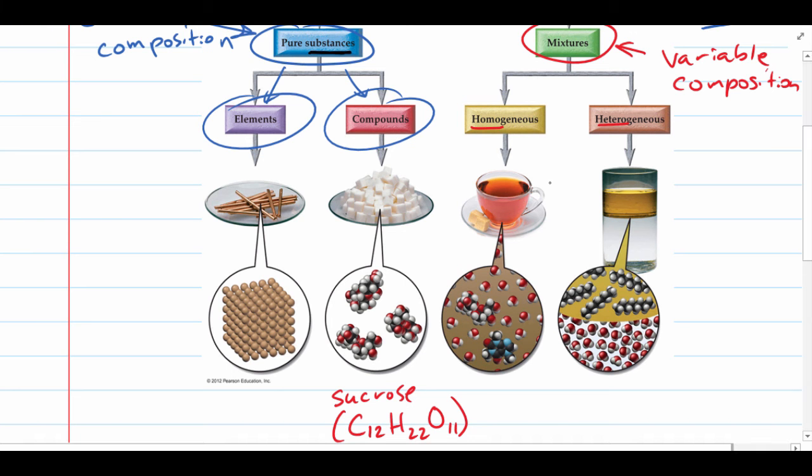A homogeneous mixture is one that appears as if it's one, but it's actually multiple. Whereas a heterogeneous mixture is one that is very obviously comprised of more than one substance. If you take a tossed salad, or garden salad, you can very clearly see that there's a mixture of different things in there. If it's very obvious, that would be an example of something heterogeneous.